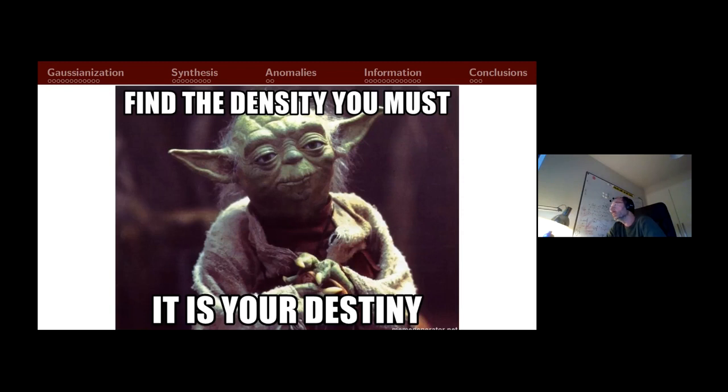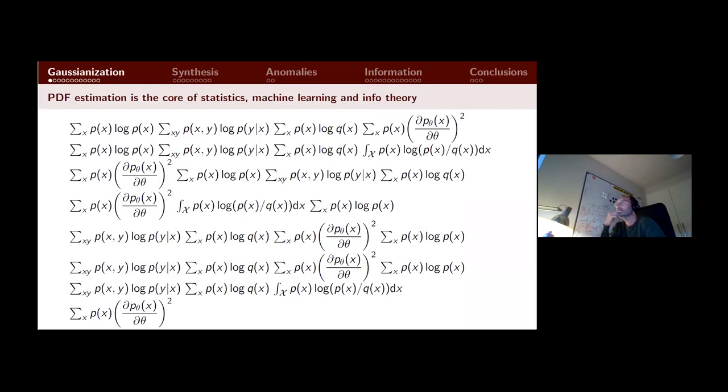But why do we want to resolve that complex problem instead of simpler tasks like classification or regression problems? Well, the point is that this question is not incidental. I mean, the PDF estimation problem is at the core of almost every statistical, machine learning, and information theoretic estimate.